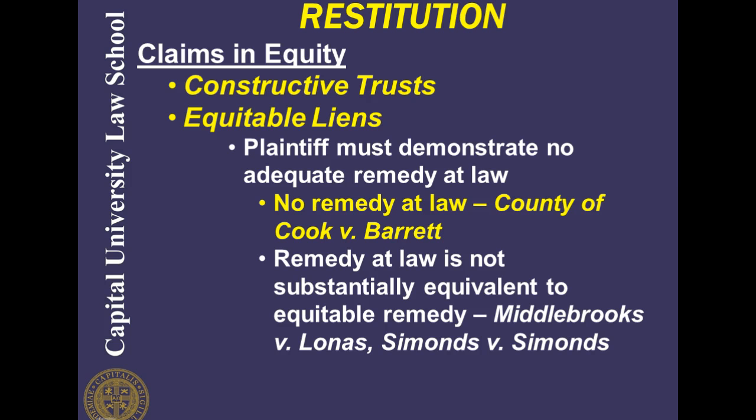So if the defendant is insolvent, there may not be an adequate remedy at law, or if the property that the plaintiff is seeking to attach the constructive trust or the equitable lien to is mortgaged, it too will disadvantage the plaintiff if they bring their case at law. So in various instances, the courts will find that there is not an adequate remedy at law when it is not substantially equivalent to the equitable remedy, where it won't give the plaintiff the same or very similar relief.